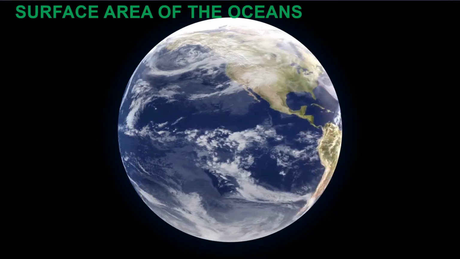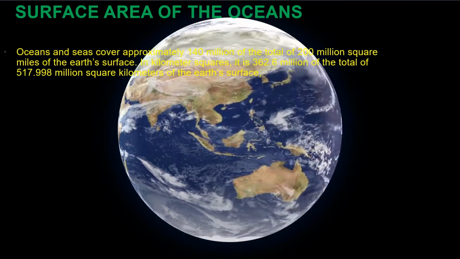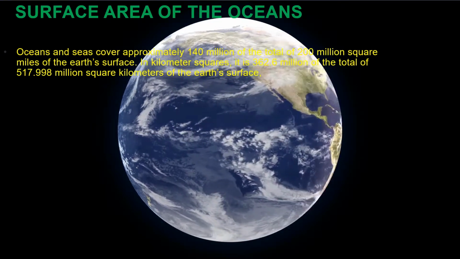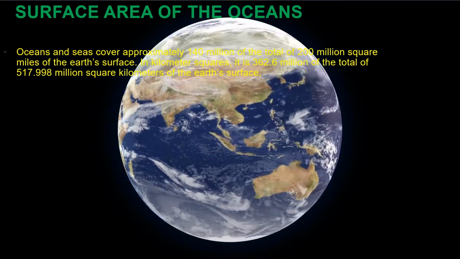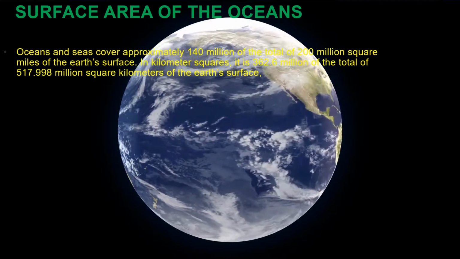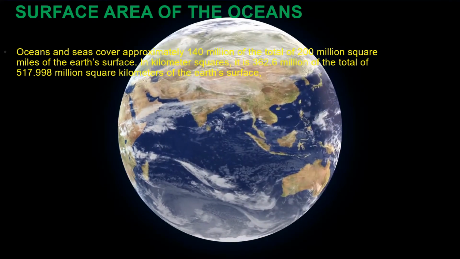Surface area of the oceans. Oceans and seas cover approximately 140 million of the total of 200 million square miles of the Earth's surface. In square kilometers, it is 362.6 million of the total of 517.998 million square kilometers of the Earth's surface.